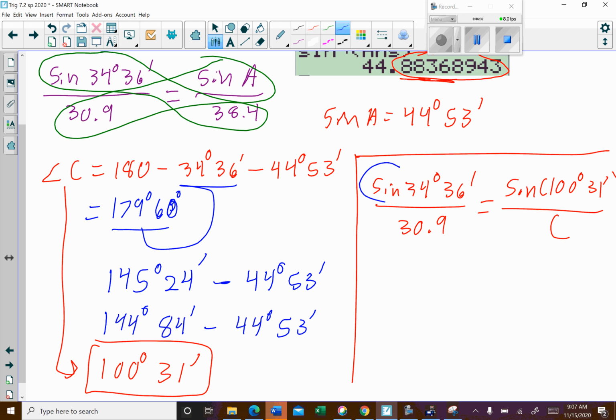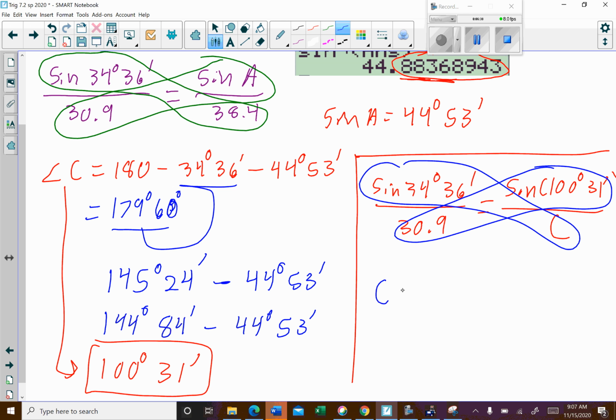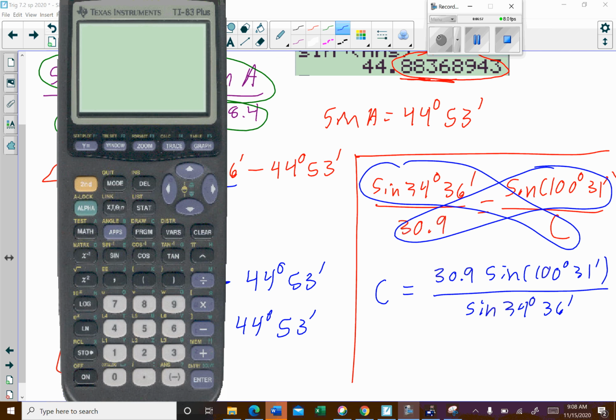So once again, what we're going to do is we'll cross multiply and then divide. So C is going to be equal to 30.9 times sine of 100 degrees and 31 minutes, all divided by sine of 34 degrees and 36 minutes.